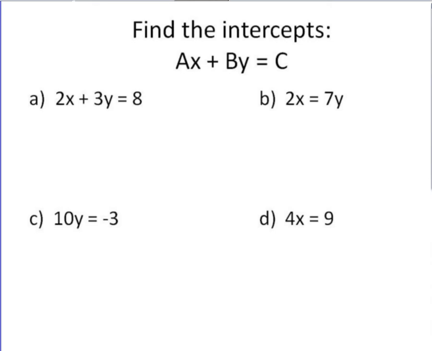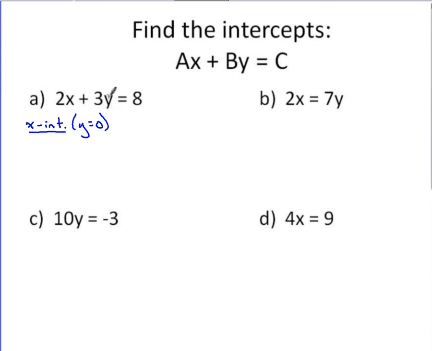So with that in mind, if I'm going to find, say, an x-intercept, to find an x-intercept, I need to let y equal 0. Now, when I let y equal 0, if this is in standard form, that term that has y in it will just drop out, right?